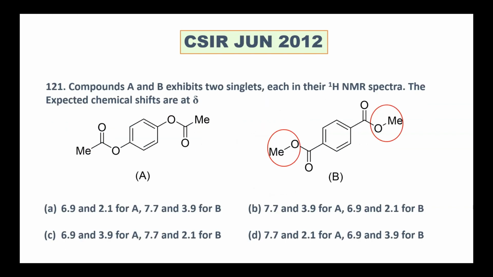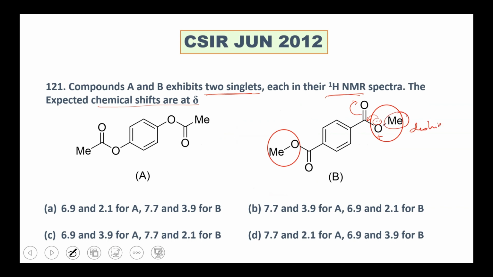Next problem. Compounds A and B exhibit two singlets each in proton NMR. The expected chemical shifts are at delta. So they're asking for delta. So I checked the OMe. Here it is attached to O followed by C double bond O. Since you have O followed by C double bond O, it is electron withdrawing. Therefore, the O gets a plus charge, so this will be highly de-shielded.